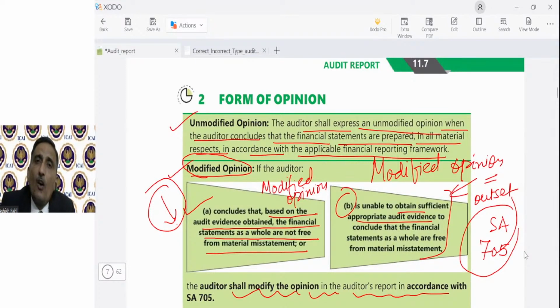And modified opinion, by its very nature, means that the auditor has not been able to obtain reasonable assurance that financial statements are free from material misstatements as a whole. But you cannot compare the two things because these belong to two different categories.